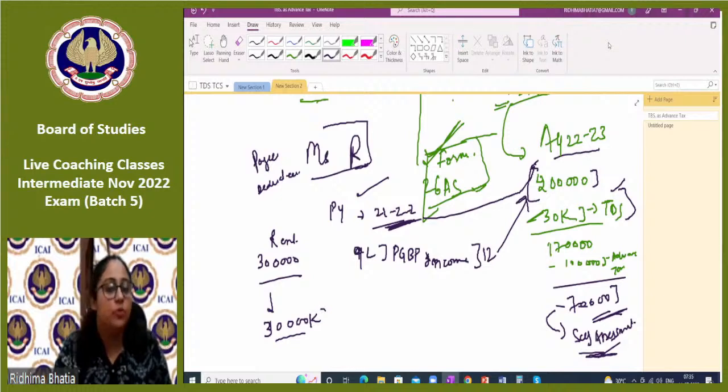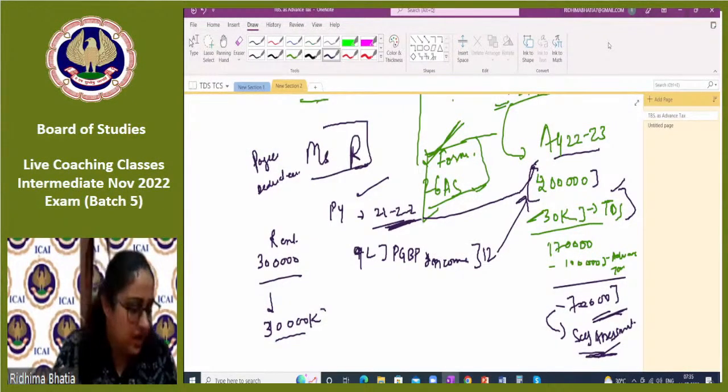So Mesh, I will come to this example. Any other query? Thank you. Chalo.